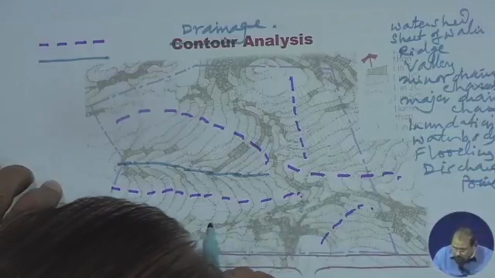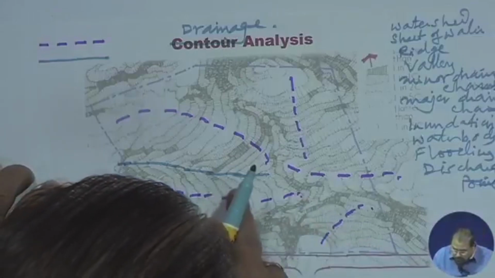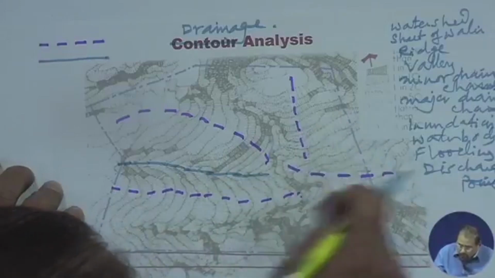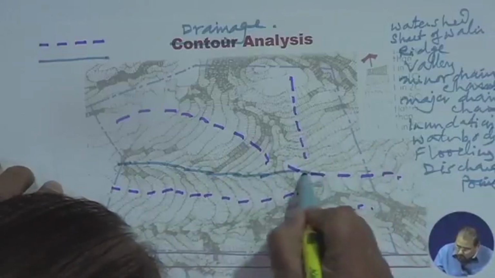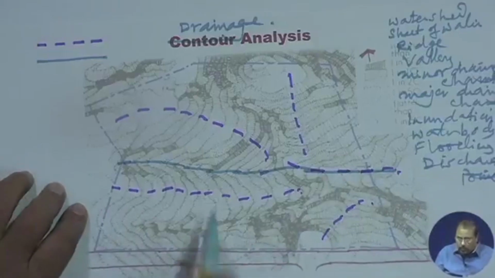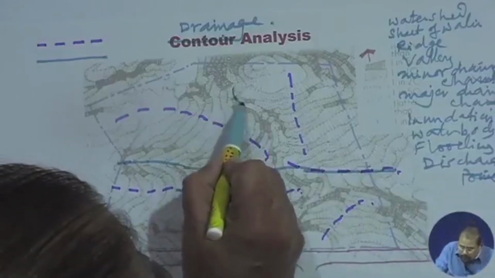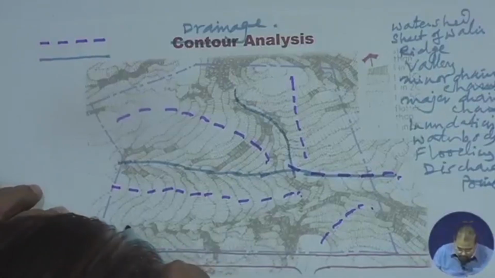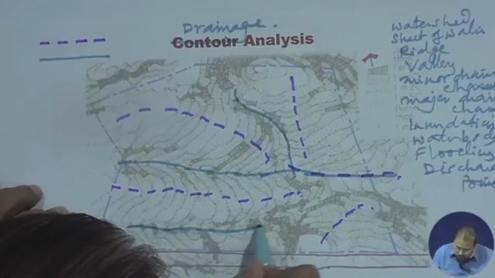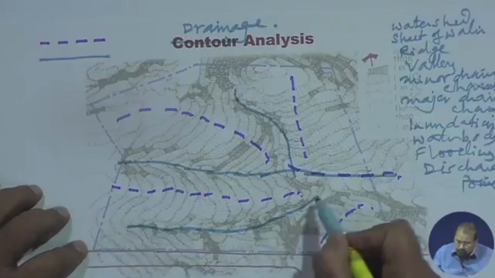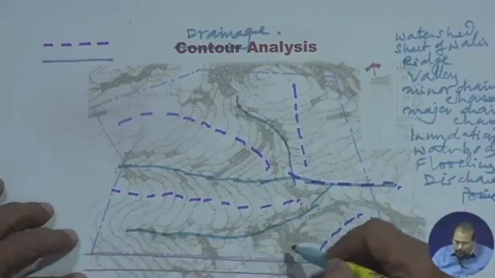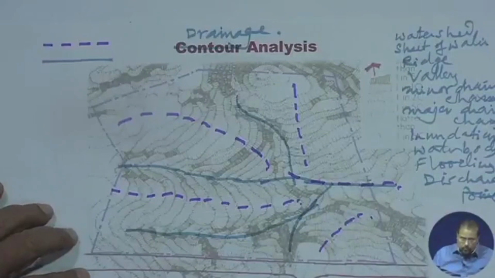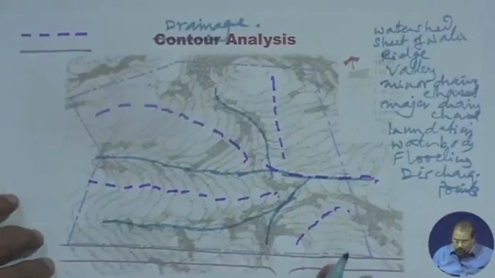Just a minute, sorry, this line will not remain as ridge because it has gone in, so this is going to go as a valley. Similarly, from here a line that comes like this goes to valley. Similarly, from here the line that goes like this goes to valley, and there is another line which will come like this as a valley. At least that is what I am seeing in this drawing.